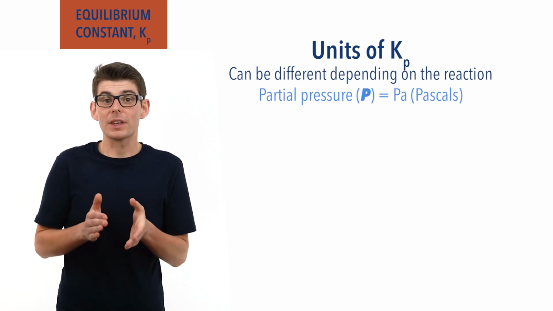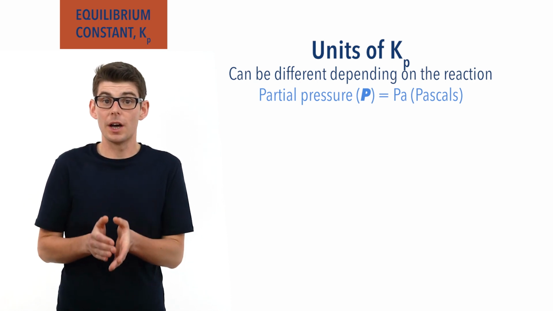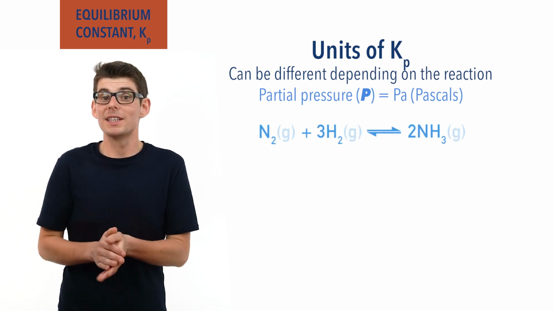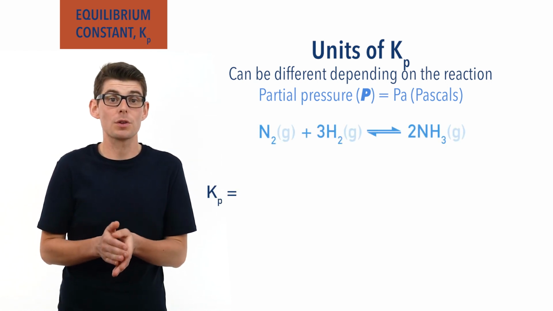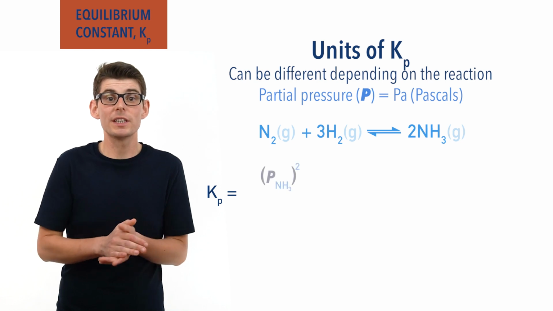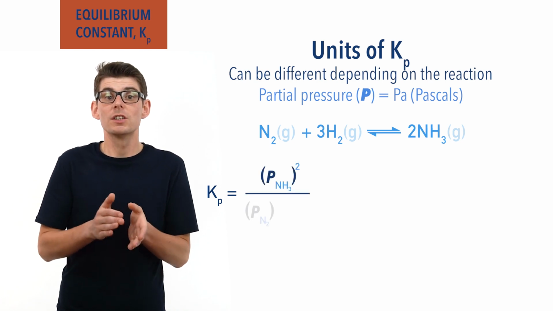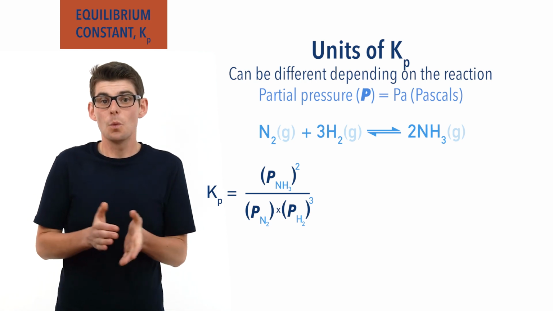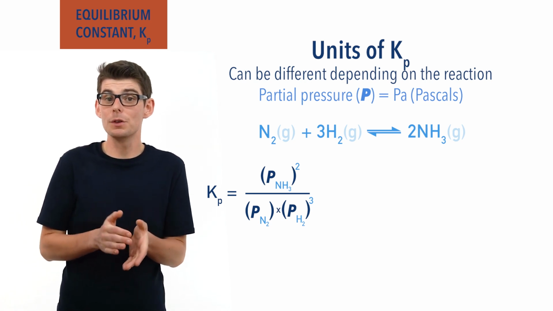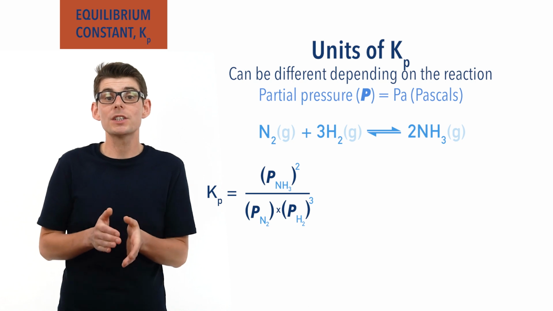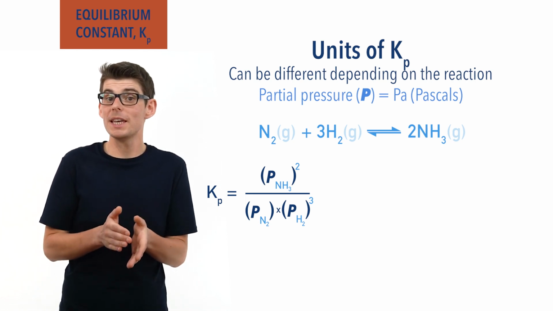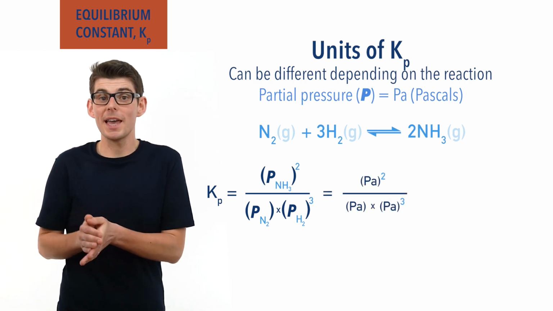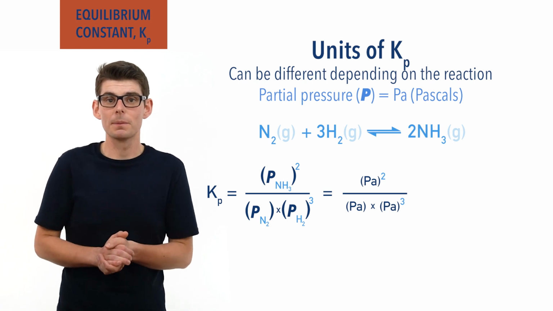For example, the Kp expression for nitrogen, hydrogen and ammonia we've already seen is Kp equals partial pressure of ammonia squared divided by the partial pressure of nitrogen times partial pressure of hydrogen to the power 3. Well, if we put in Pascal units into the expression, we end up with Kp equals Pa squared divided by Pa times Pa to the power 3.